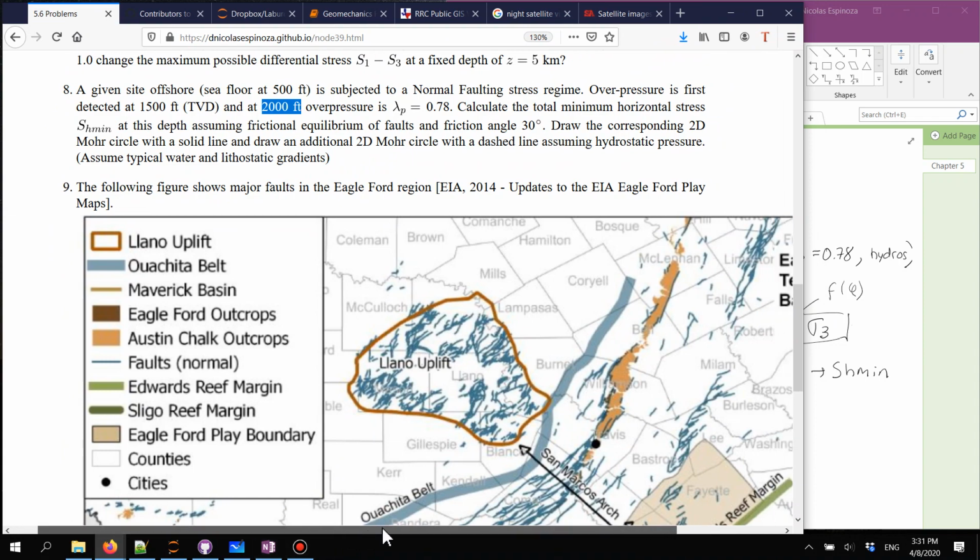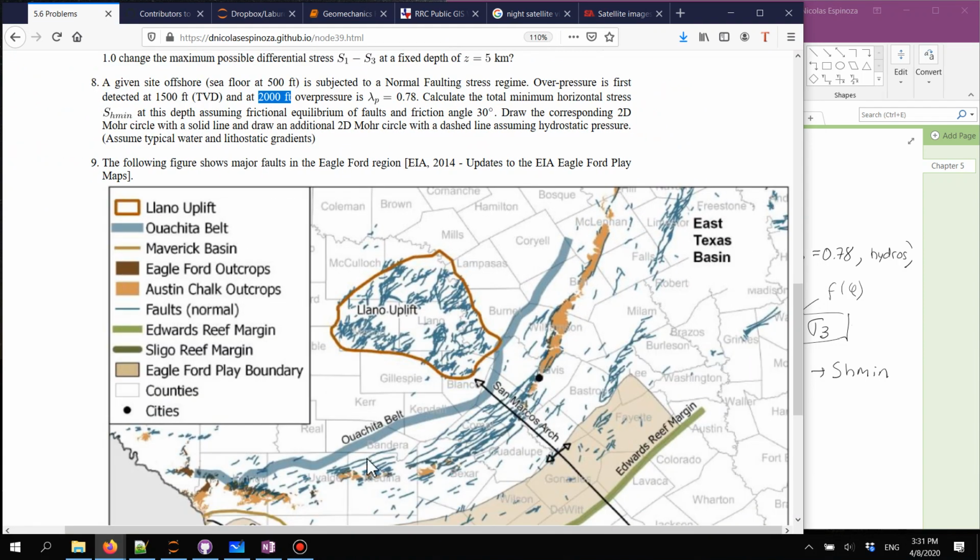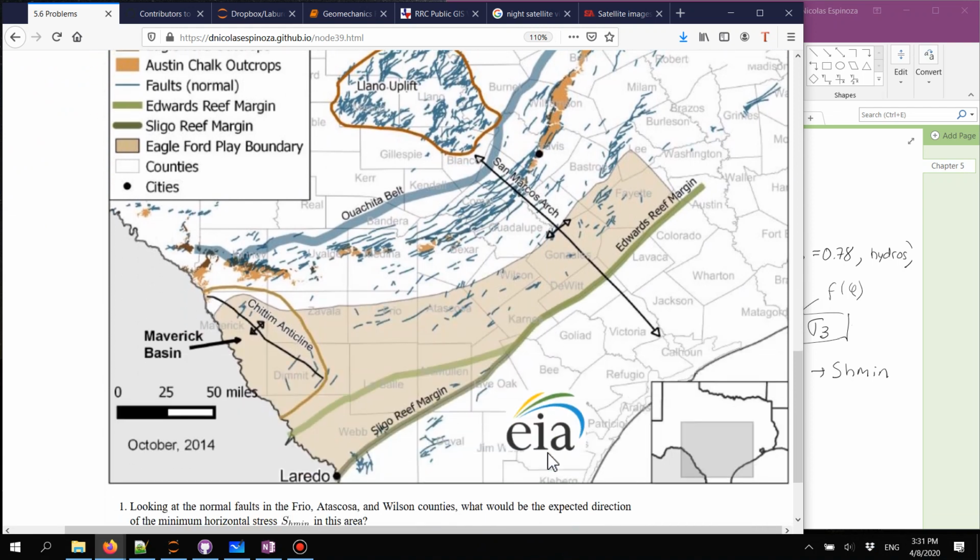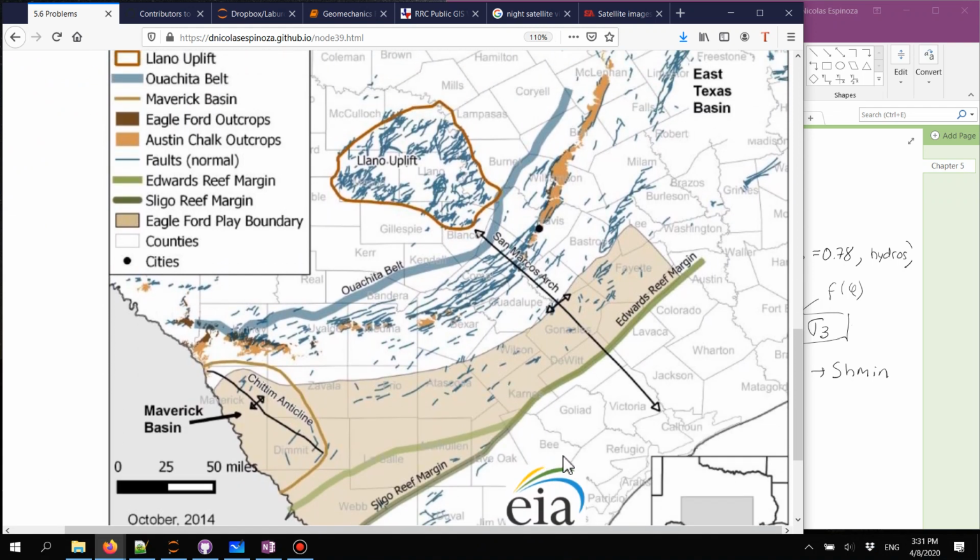This is the map. In this map of the south of Texas, here we have the Eagle Ford formation, and what you see in the blue lines is the strike line of the faults.